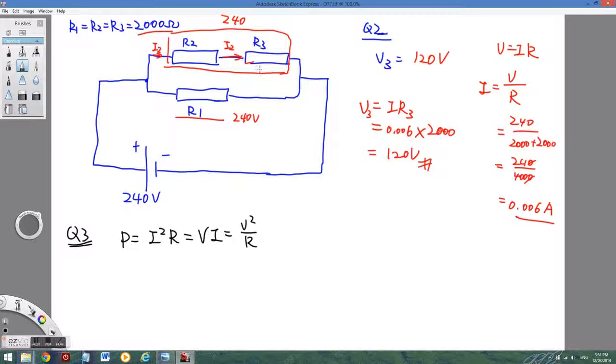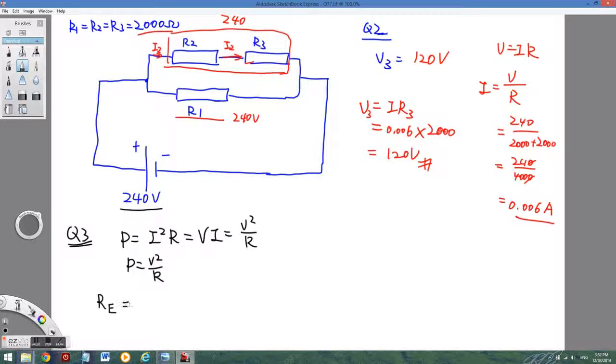By looking at the equation, I know the voltage and I know the resistance. To make everything easier, I use V squared over R, because I want to analyze the total power for the whole circuit. So I have to use the total equivalent resistance.